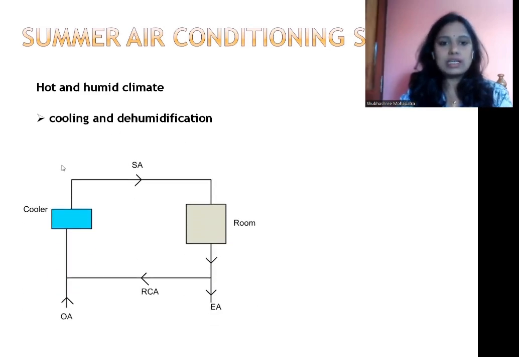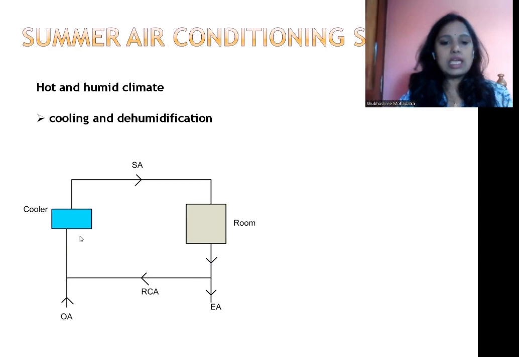Let's take the basic diagram for the summer air conditioning system. So this is the room where the conditioned air should be sent, and the air leaving this conditioned room, some portion will be exhausted to the atmosphere, and some portion will be used as recirculated air.